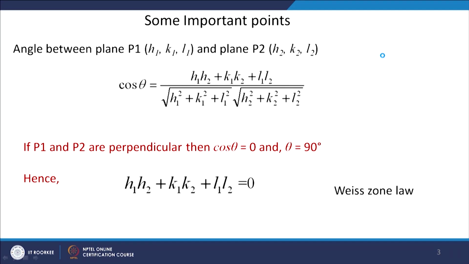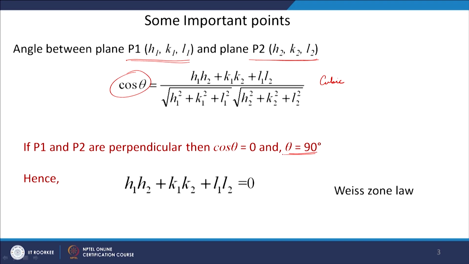For any two planes, I can always find the angle between them by a relationship like this, which is true for cubic crystals. Obviously, if P1 and P2 are perpendicular, then cos theta will be equal to 0, which we know from trigonometry, and theta should be 90 degrees.